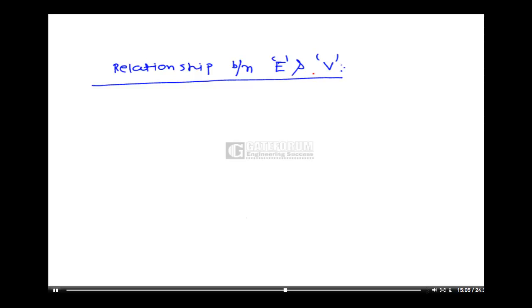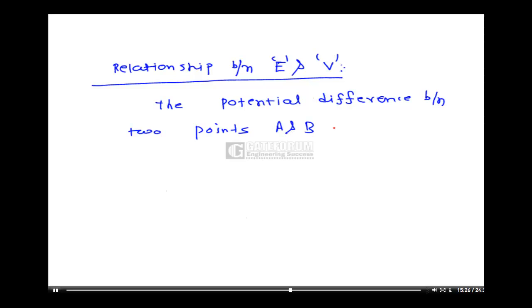Next we will see the relationship between electric field and potential, the relationship between E and V. One statement is that the potential difference between two points A and B is independent of the path taken.